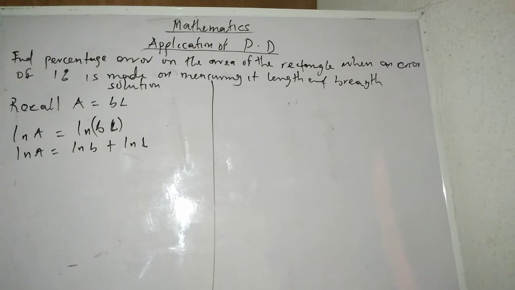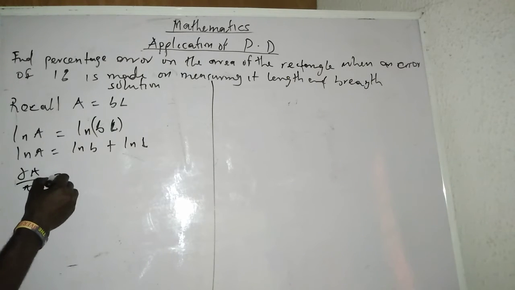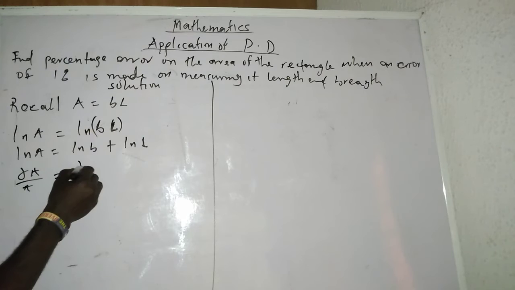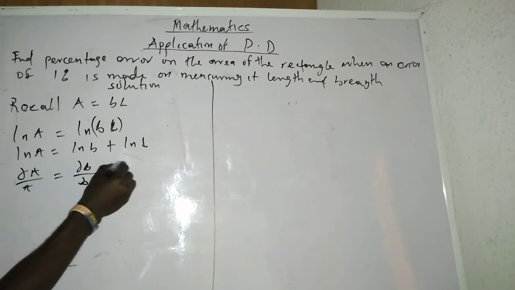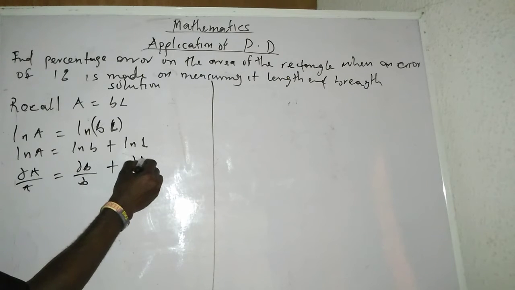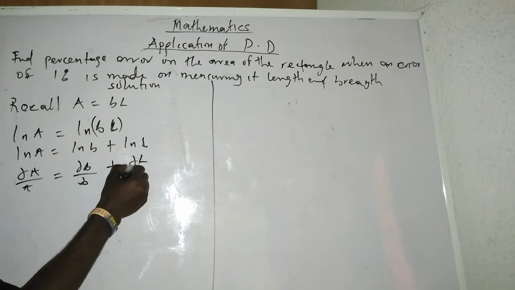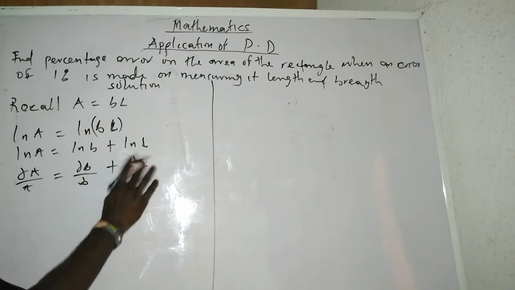Now, if I should differentiate all, I'll be having dA all over A equals partial derivative of B all over B plus partial of L all over L. This is small l.